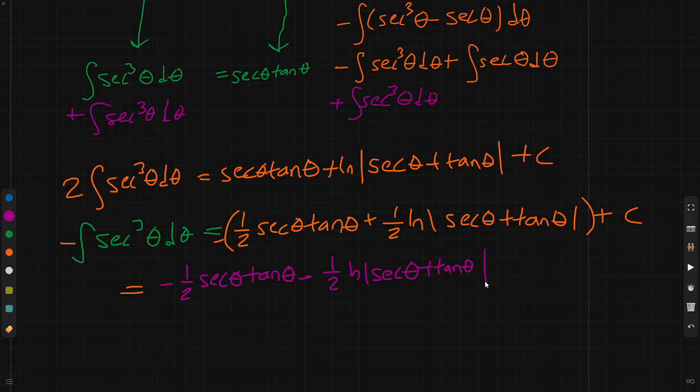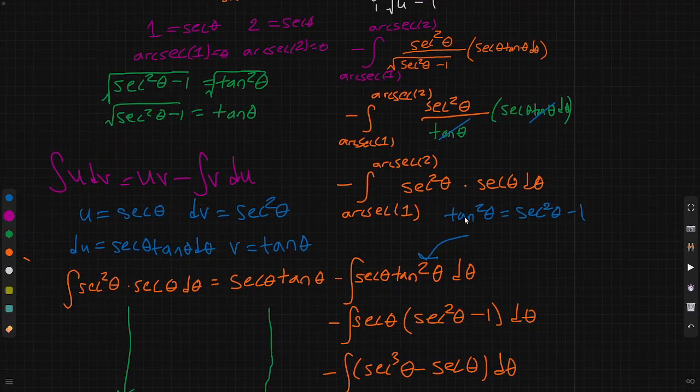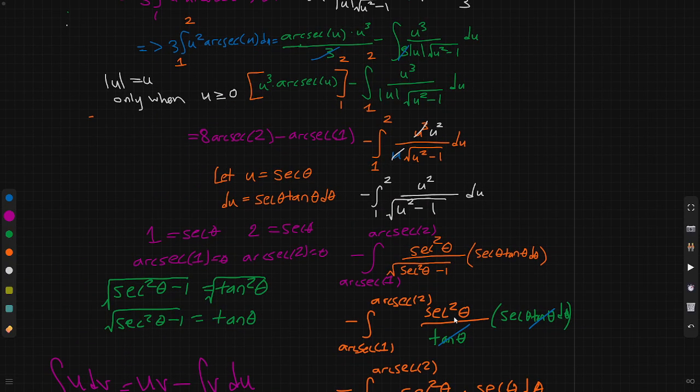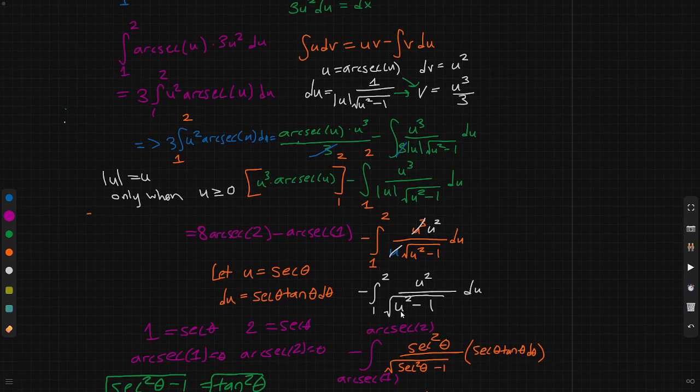All right? This negative integral is equal to this. However, I don't think that's all we need, because we're evaluating this from arcsecant of 1 to arcsecant of 2, but there was more that we needed. We had this, 8 times arcsecant of 2 minus arcsecant of 1. So let's include that.